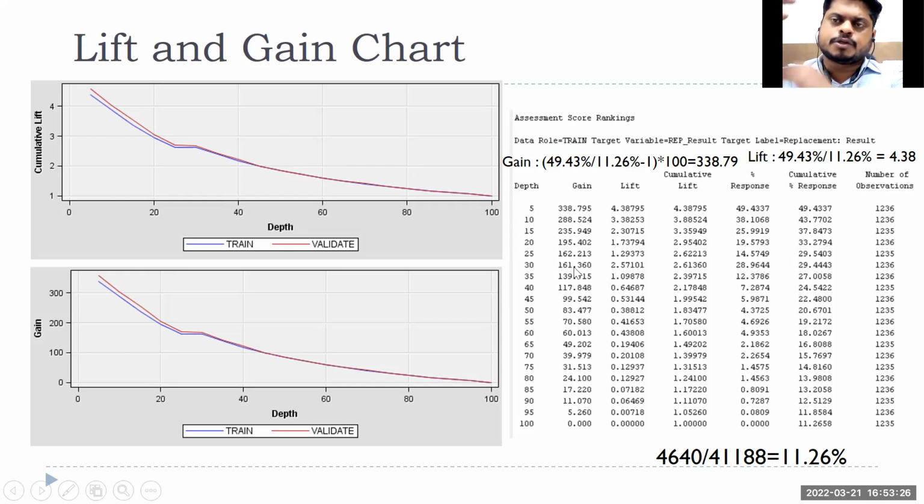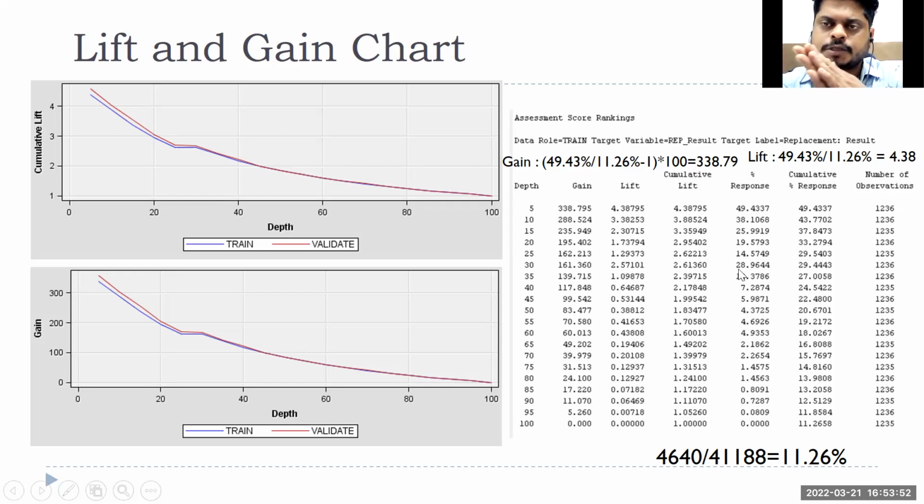So what it says is, if I'm considering only the top 30% customers for my targeting campaign, my overall performance in comparison to the baseline model is better by 161%. But when I come back to the lift, for this particular 25 to 30, what is my percentage of response?